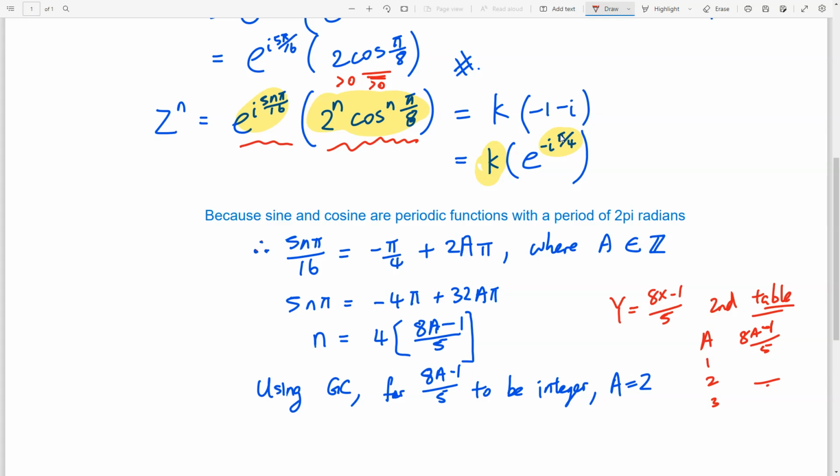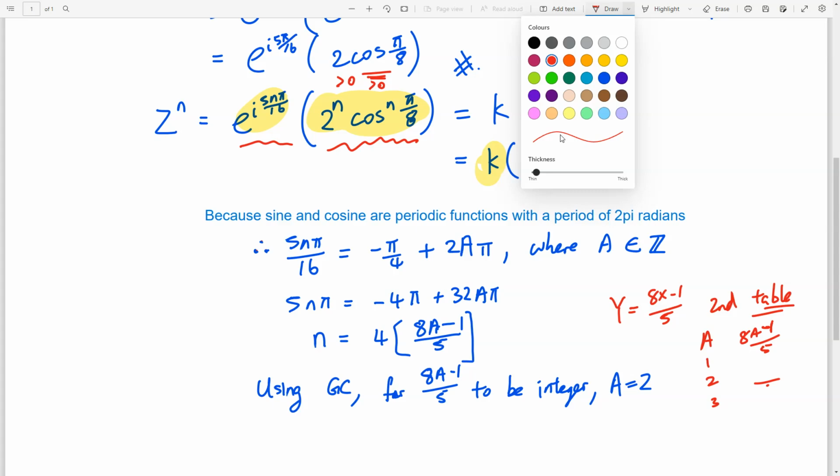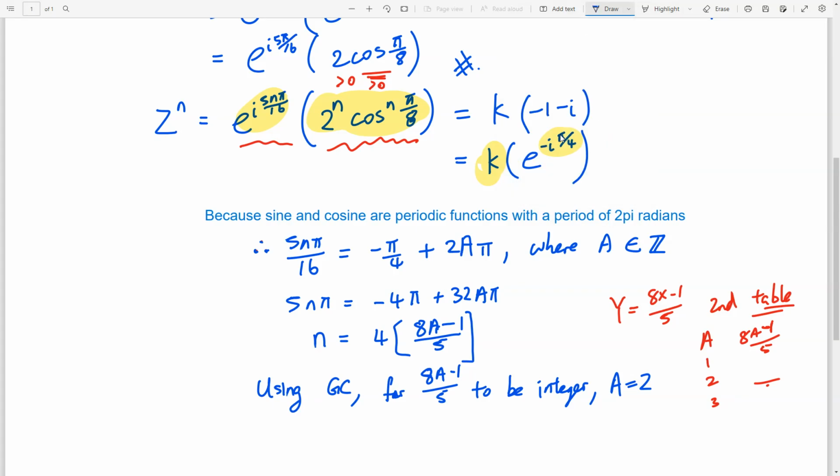But when a equals 2, we get 16 minus 1, which is 15, divided by 5, which is 3.